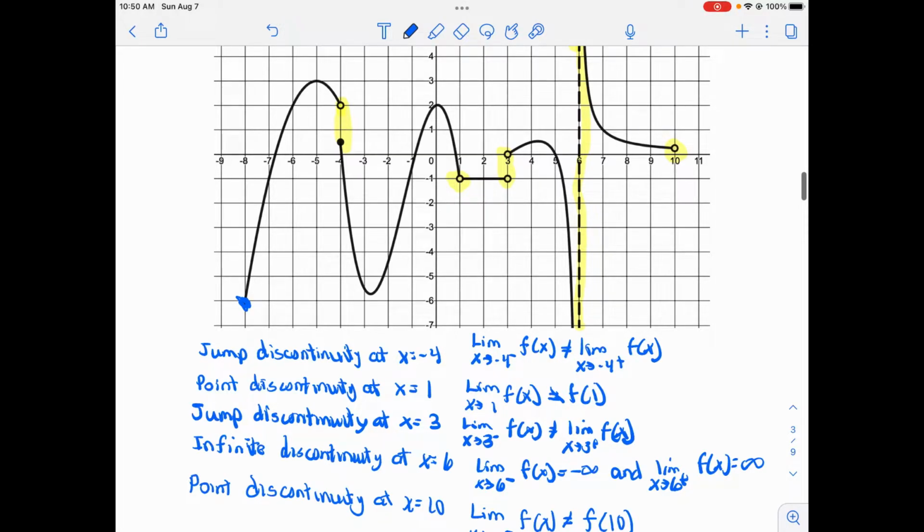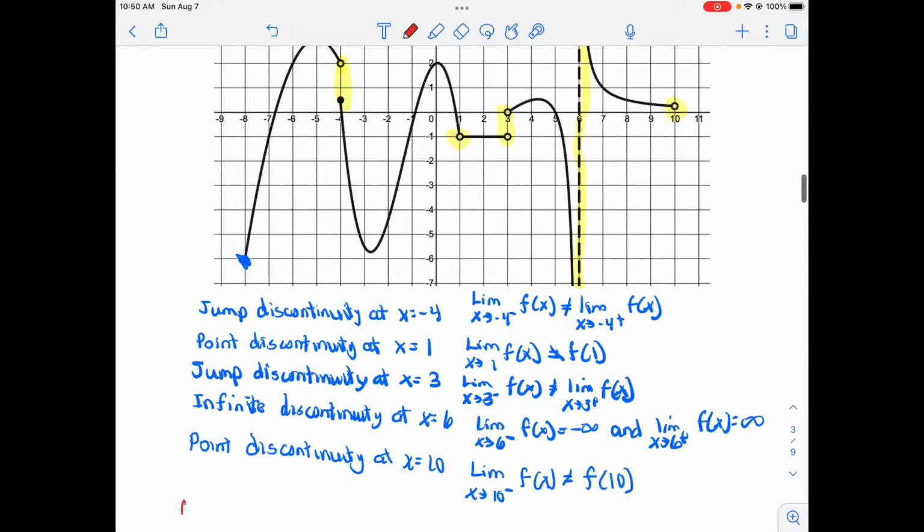And the last thing it asked us is to state the intervals in which the function is continuous. So I'll write that down here. Continuous. All right, so it's continuous starting here at -8, and we include -8, so we use brackets, all the way to -4, and then from -4 all the way to 1, from 1 to 3, I need a comma there.